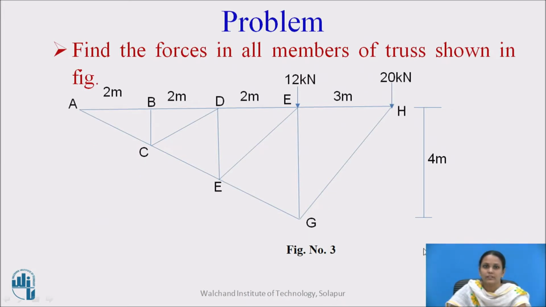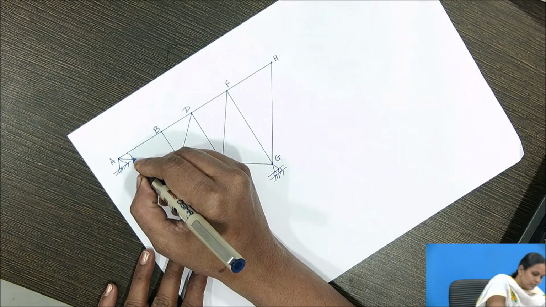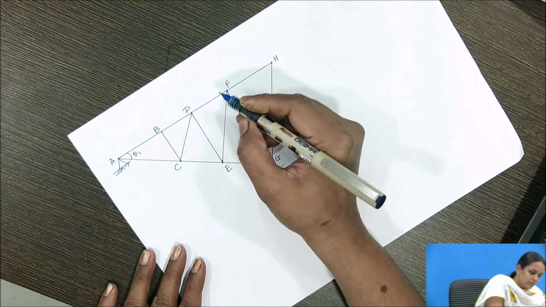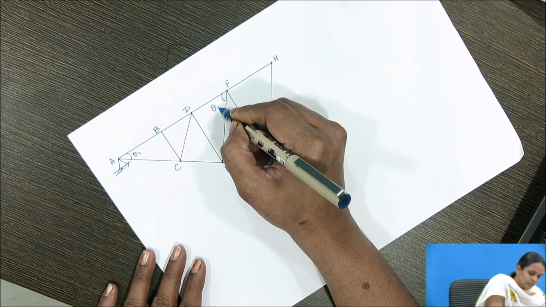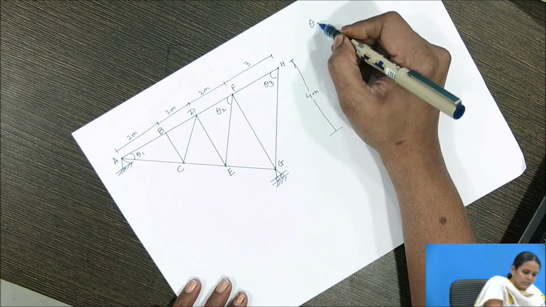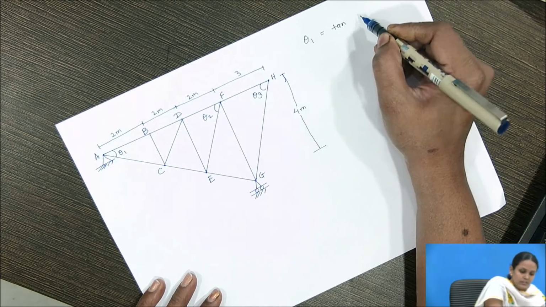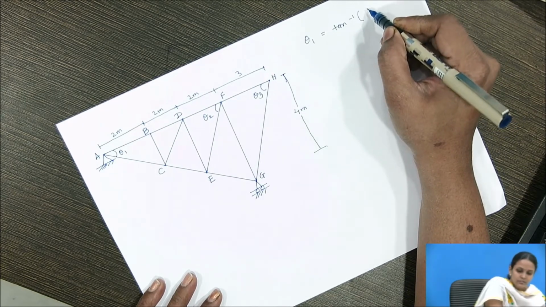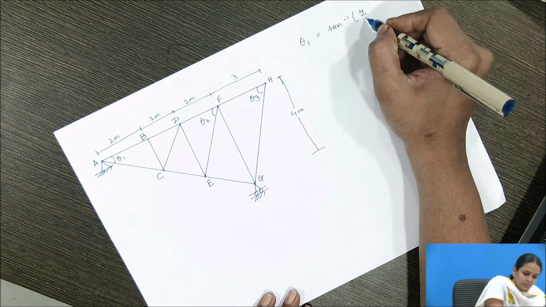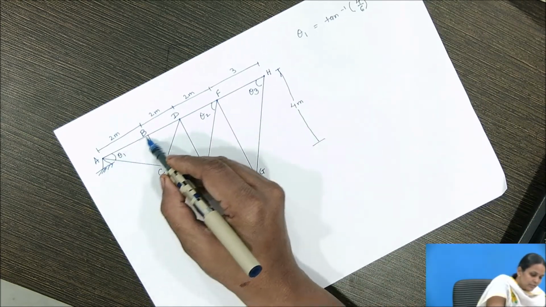Now we have to find the forces in all the members of this entire truss. First of all, we have to find the inclinations of the truss members: here theta 1, here theta 2, and here theta 3. First I will calculate theta 1. Here we can consider tan theta equals y by x, so 4 by 6, for this entire triangle.